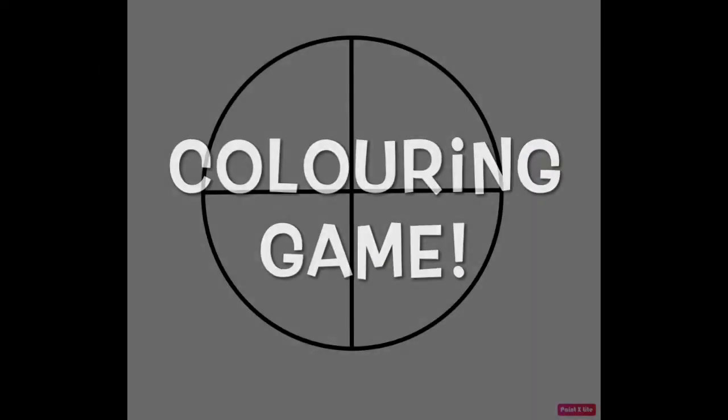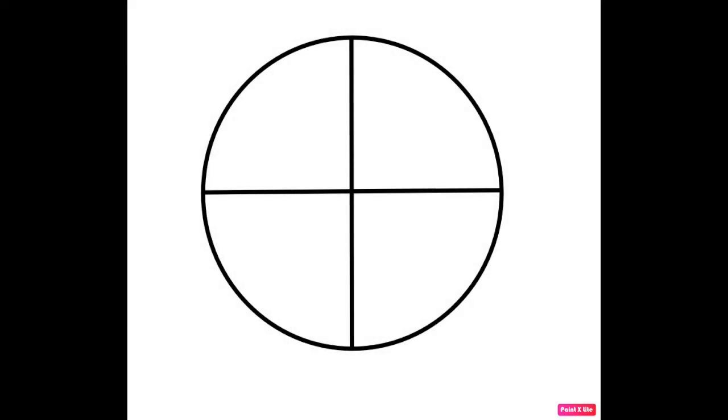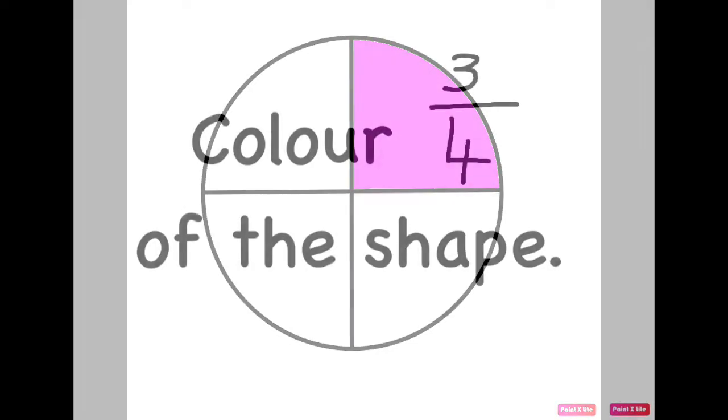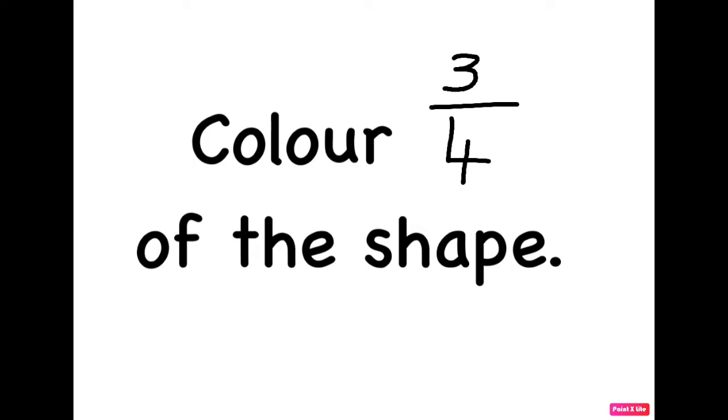Let's do a coloring game. Here is an uncolored shape. It has 4 equal parts. If I asked you to color 1/4 of this shape, you would color one of these 4 parts. But if you saw this question, color 3/4 of the shape.